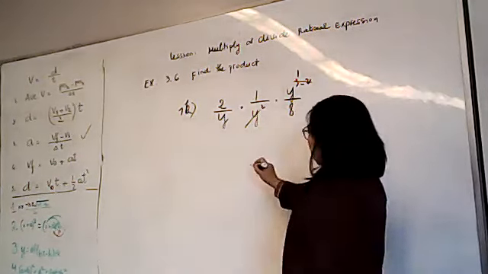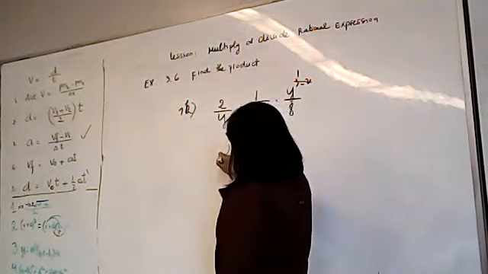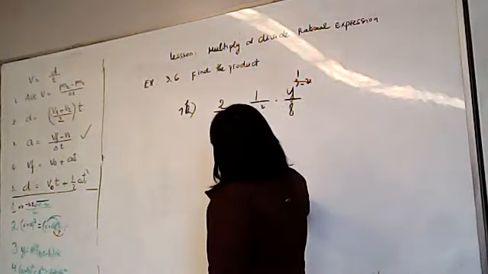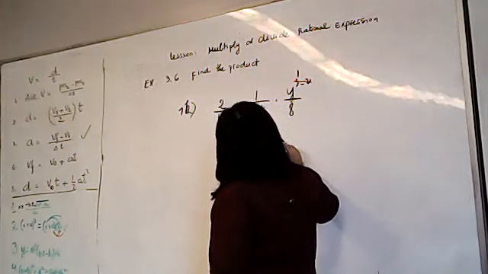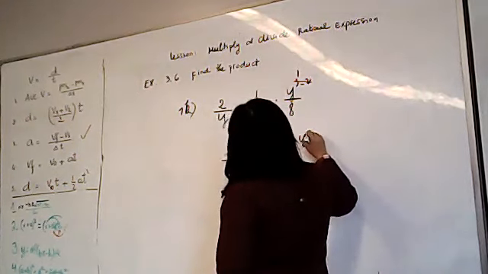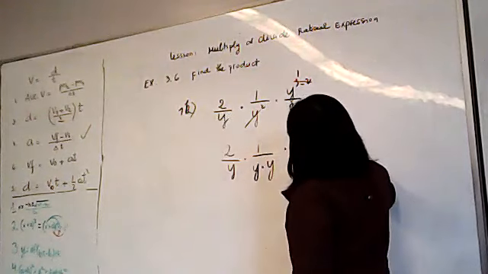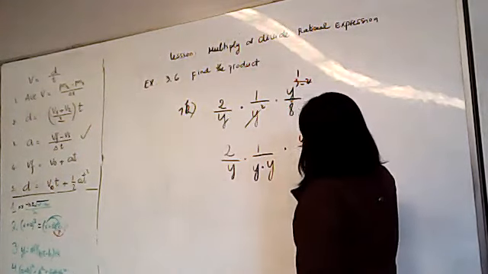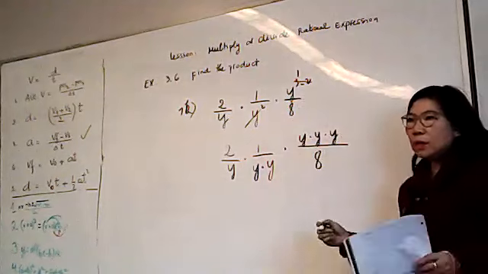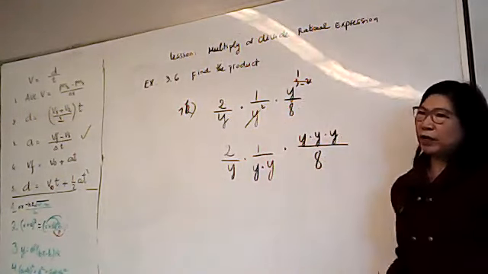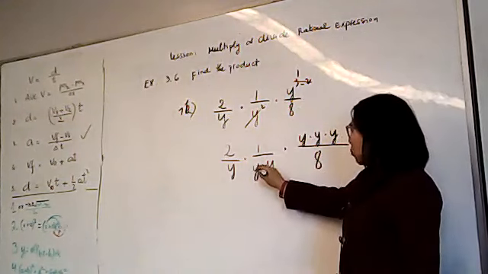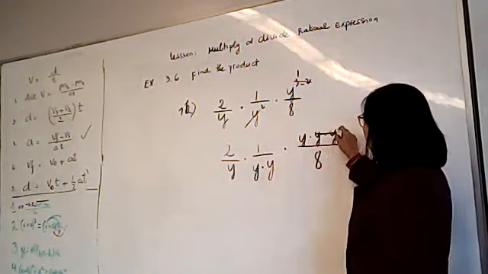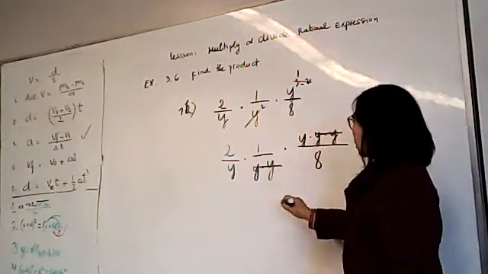In other words, if you don't understand this shortcut, you can interpret like this. Y times y times y times y times y over a. You can do like that as well, but this is the long way. Why bother? Then what does that happen? Y times y, cross this. Cross this.